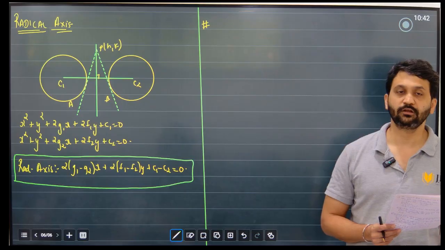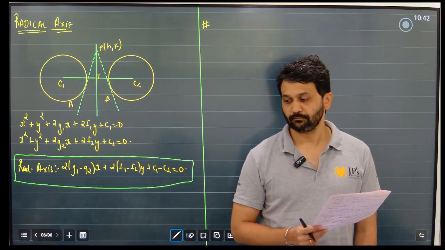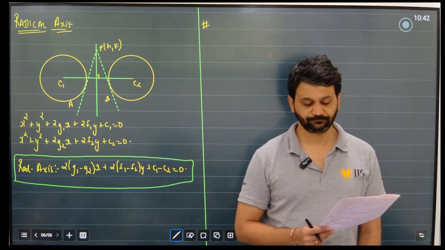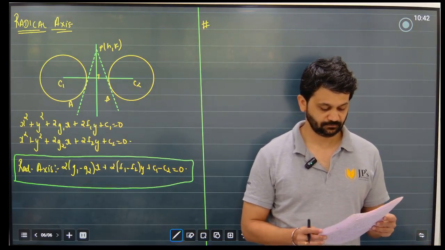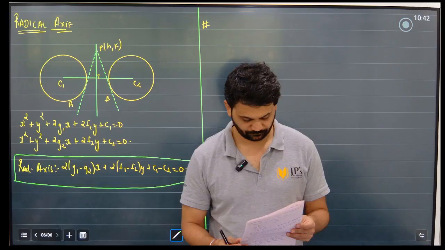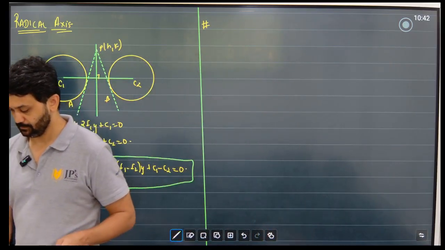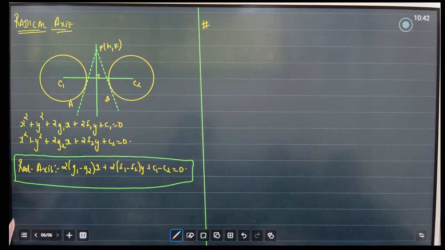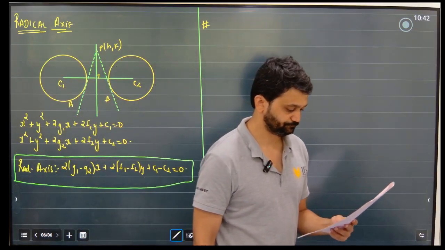But it is not necessary that the radical axis is perpendicular to C1 C2 in every sense of being a bisector.